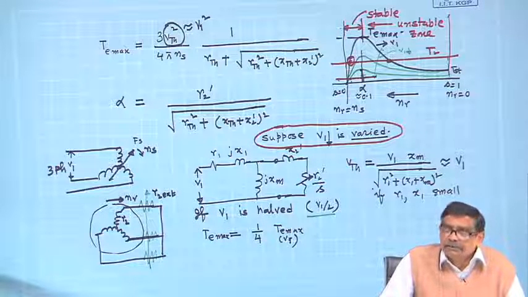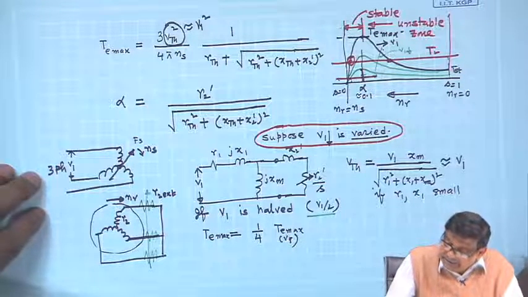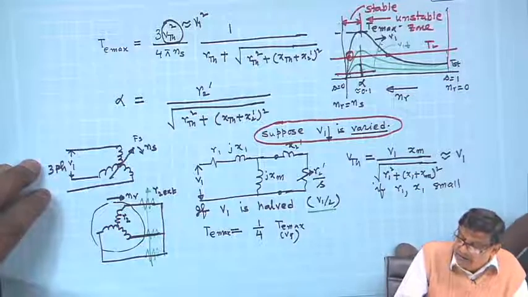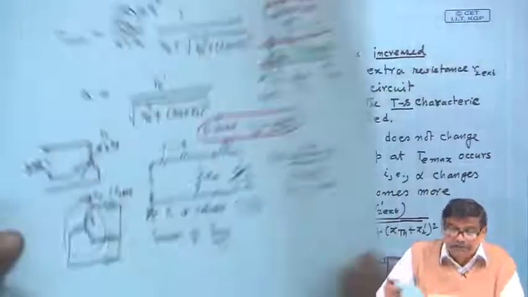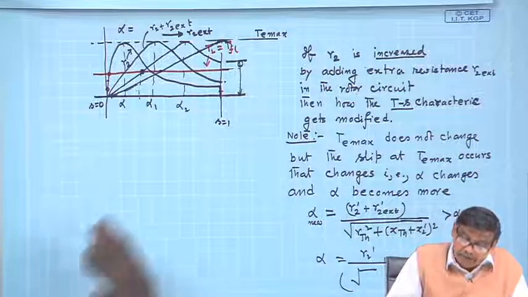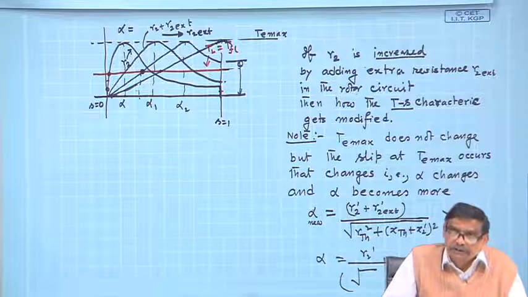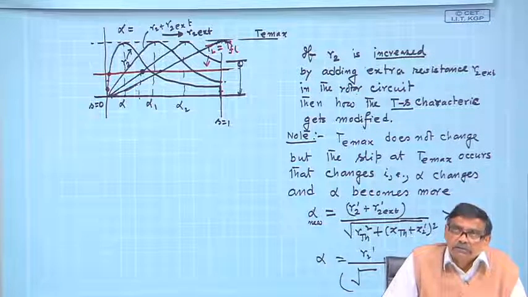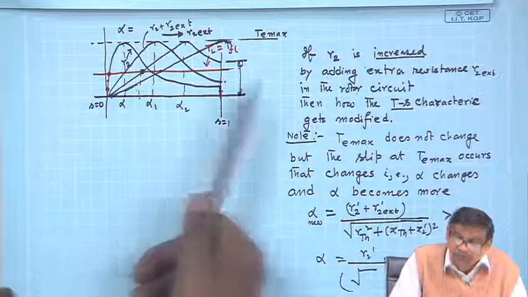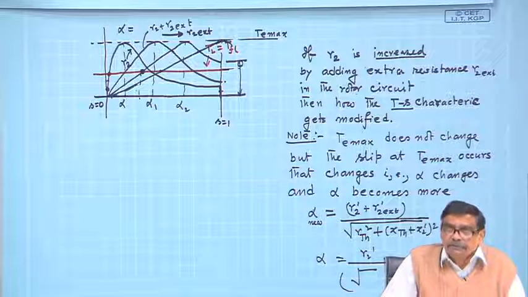The answer is obviously no, because if you keep the resistance in the circuit permanently after exploiting the starting torque advantage, the rotor resistance will be R2 plus R2 external, and the power loss in the rotor circuit will be more while supplying the full load torque. Efficiency of the motor will reduce.